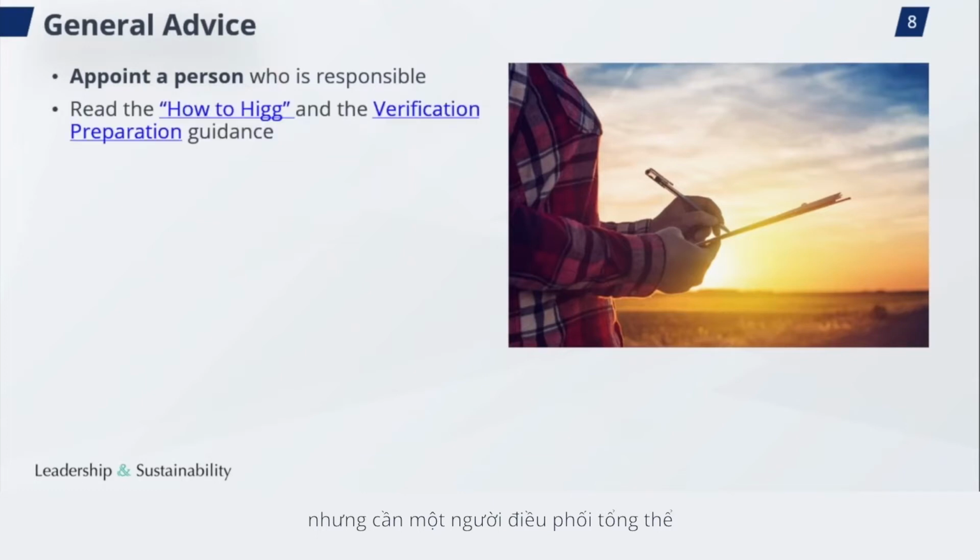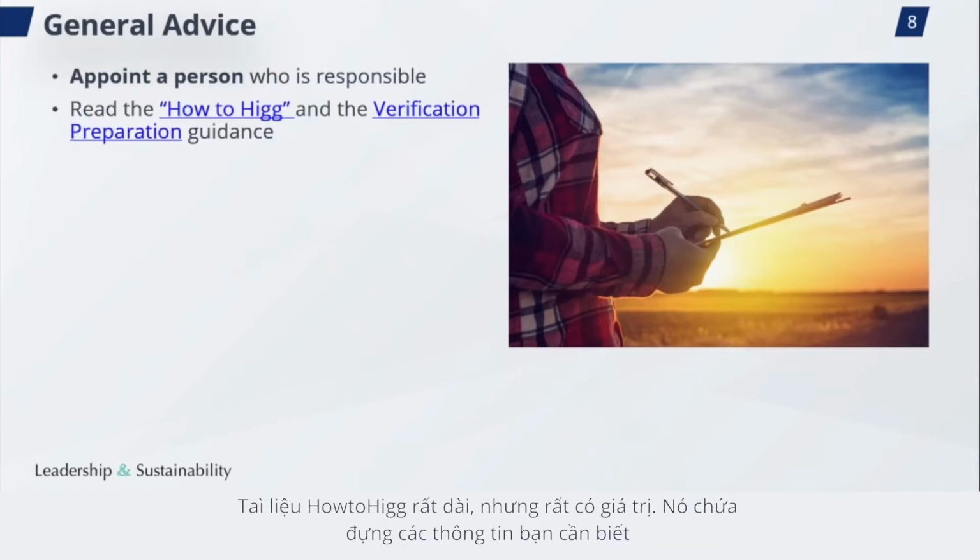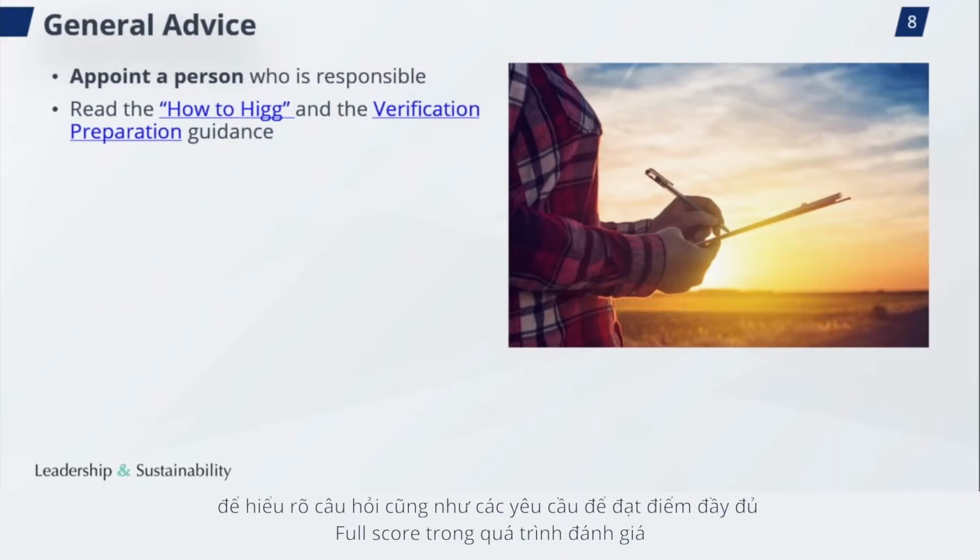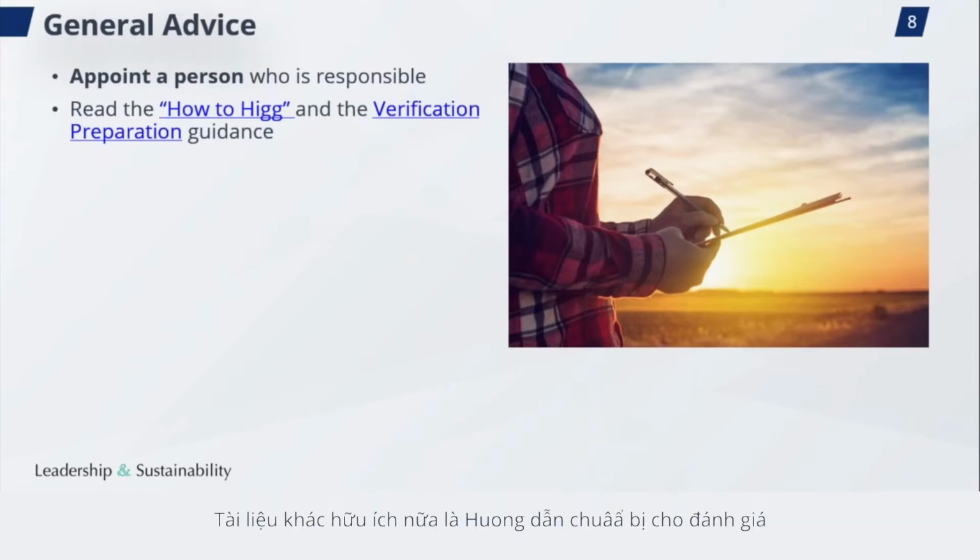And then there is a very long document, the How to Higg document, but it is also very valuable. It contains a lot of information that you need to know about how to understand the different questions, but also what is needed in order to get a full score in the assessment. And then there is also a verification preparation guidance for facilities.